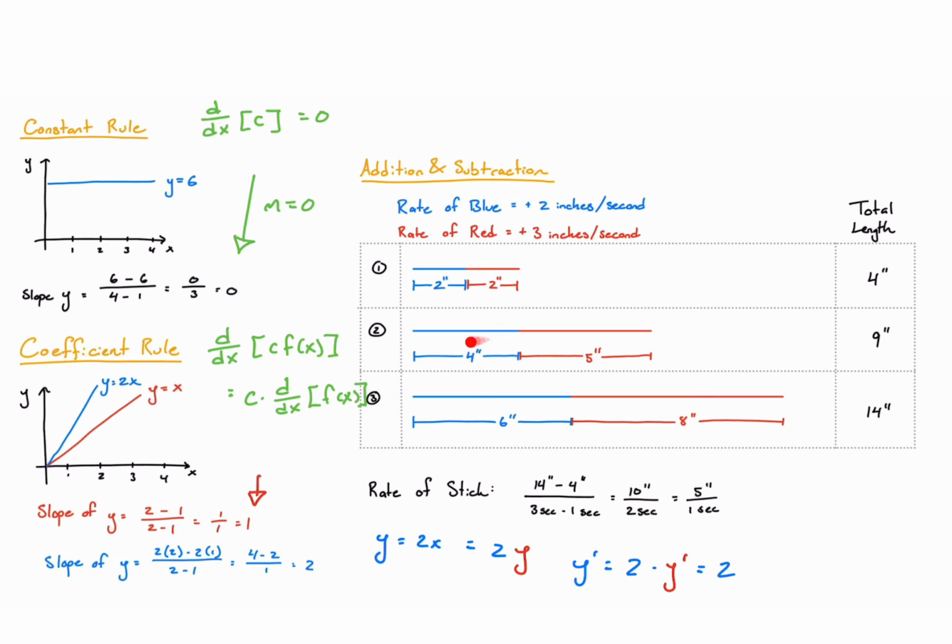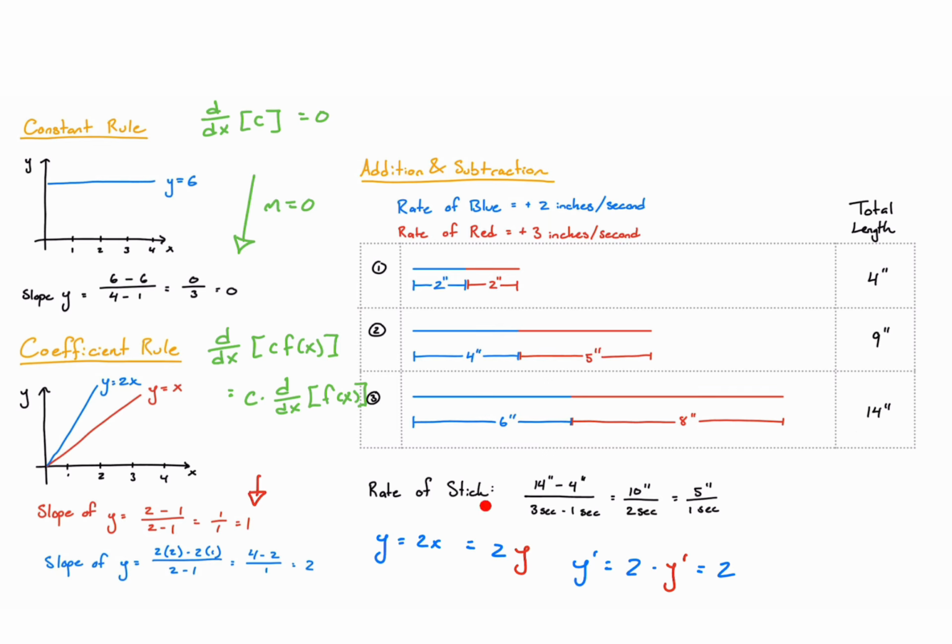So now it's at 4 inches. And our red line is now 5 inches because it's increased by 3 inches per second. So our total length of the line now is 9 inches. If we look again at 3 seconds now, our blue segment is at 6 inches and our red segment is at 8 inches. So our total length is 14 inches.